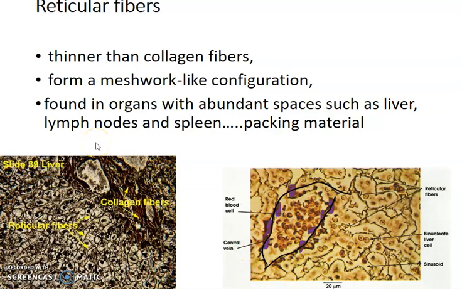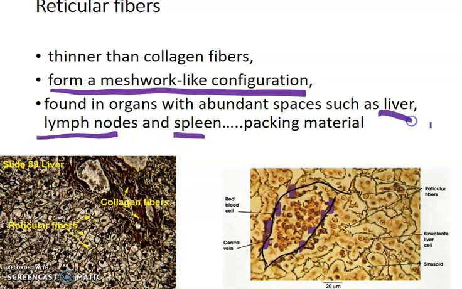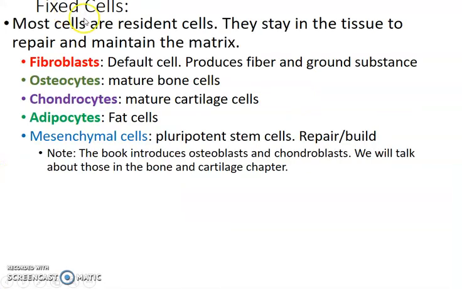So it's thinner than collagen. It forms meshworks, and it's found in organs where you have space and flow through, such as lymph nodes, the spleen, the liver. It's allegedly in areolar connective tissue. I've never seen it on a slide, though. Usually the slides I've seen have the cells attached to the fibers. So those are the fibers.